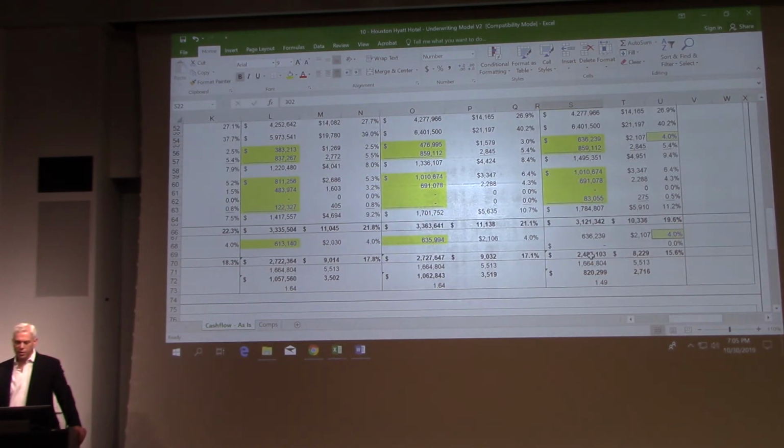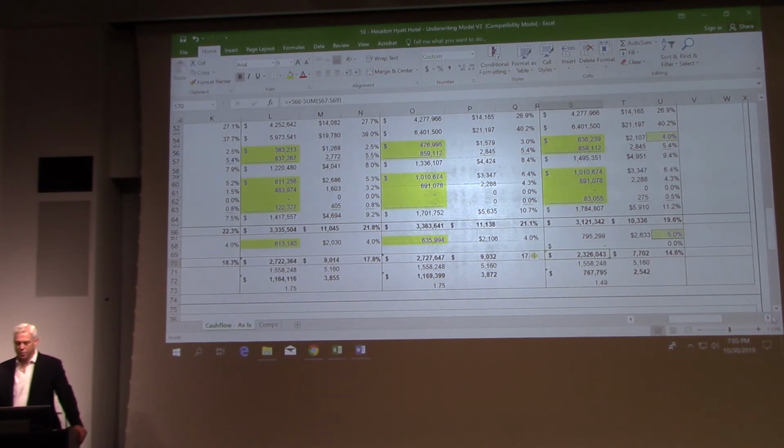So this number here is our underwritten net cash flow. By the way, this should be 5. For the guidelines. So this is our underwritten net cash flow number.